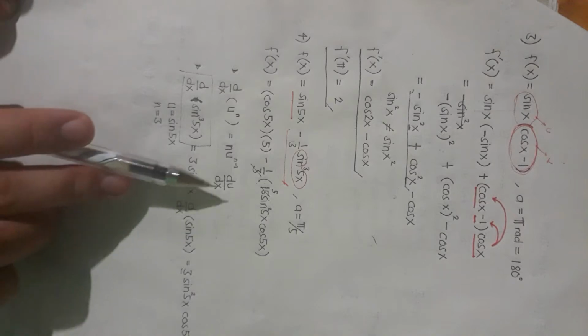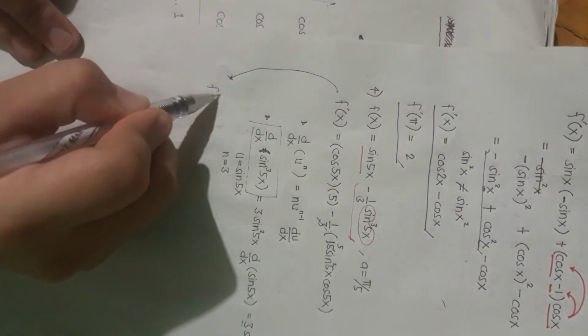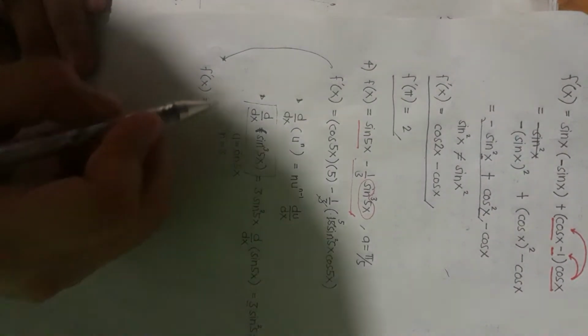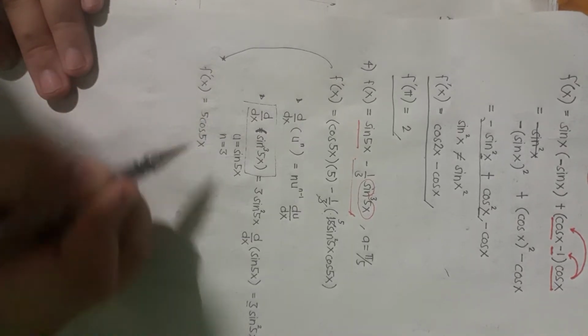To simplify this, we continue here. You have f of x prime, or the first derivative of the function, equals 5 times cosine of 5x.